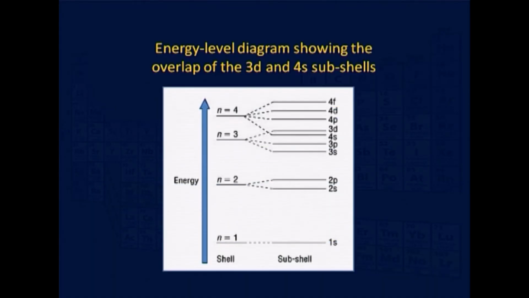And therefore, in transition elements we have 3d1, 2, 3 up to 3d9.